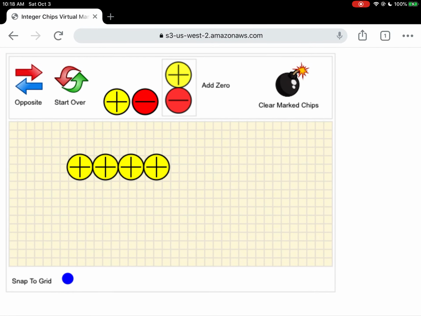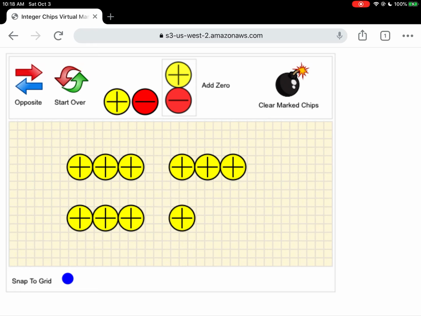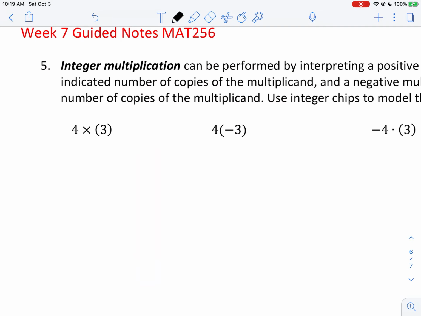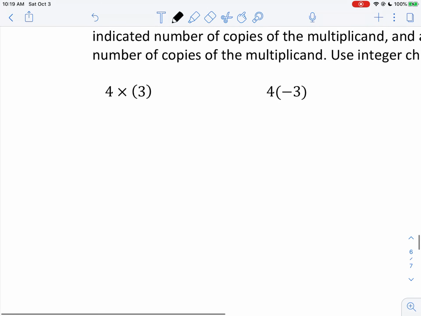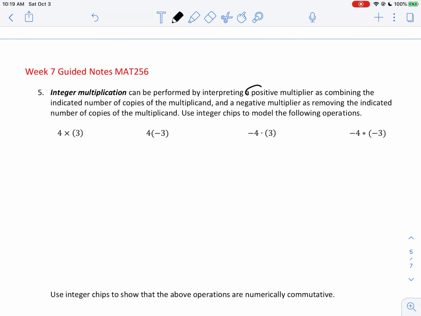4 times 3 means we want to do 4 copies of 3. Let's move those down. So there's 4 copies of 3, and that gives us 12. When we have a positive multiplier, it means combining the indicated number of copies of the multiplicand.